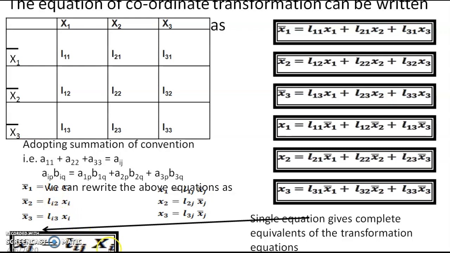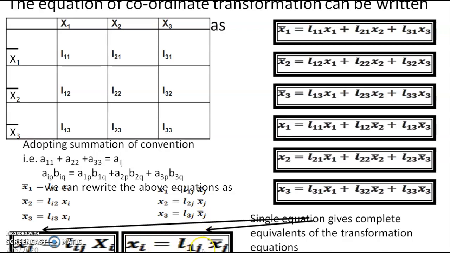Out of these 3 equations, no need to write 3 equations, you are writing one single equation. Similarly, out of these 3 equations, you can have a single equation. How? You see, instead of writing 1, 2, 3, you are just writing I, so that you can put I in place of 1, 2, 3. Out of this equation, you will get 3 other equations.